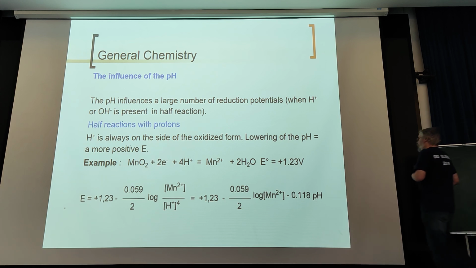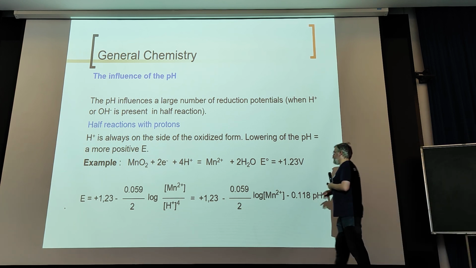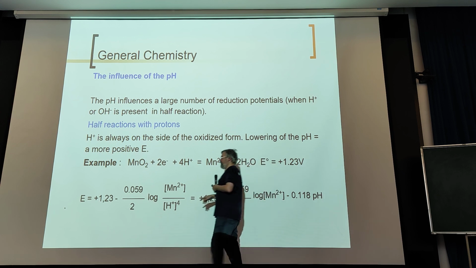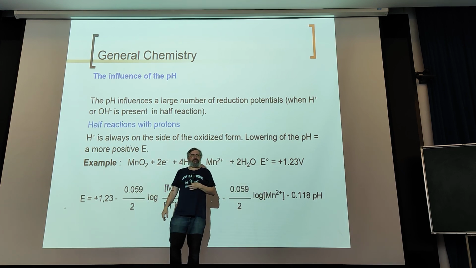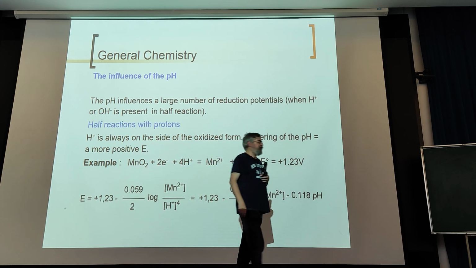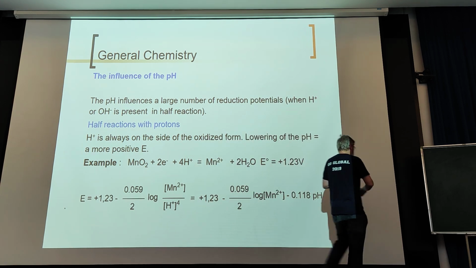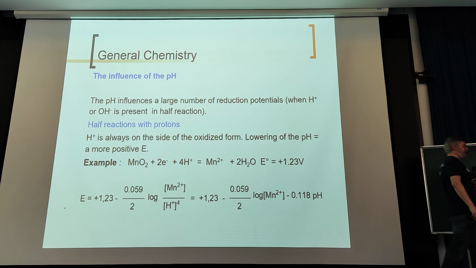So that means you have 4 times 0.059, and you divide by 2, so that's 2 times 0.059, or 0.118, multiplied by pH.